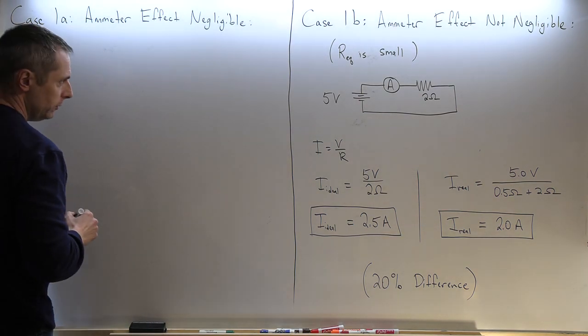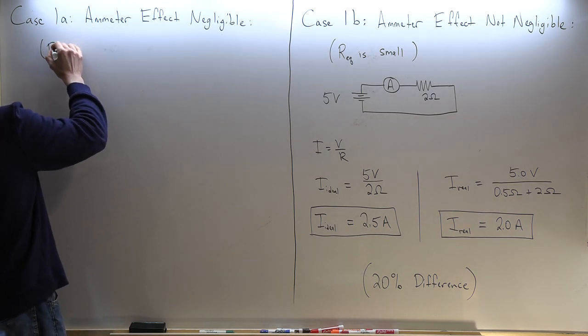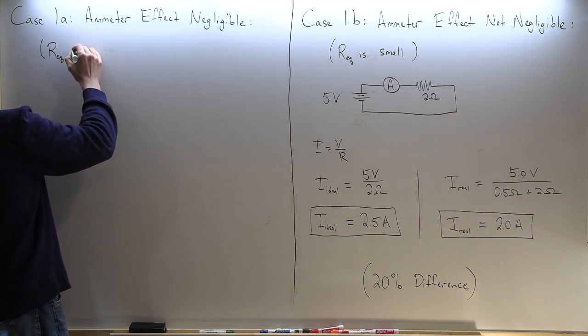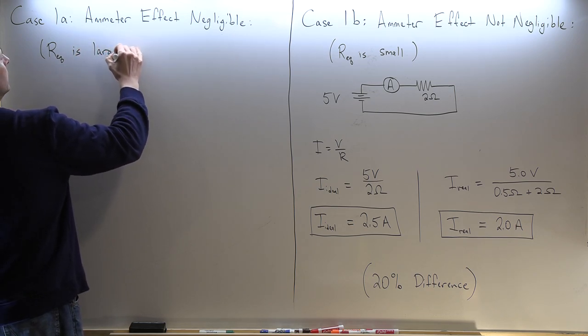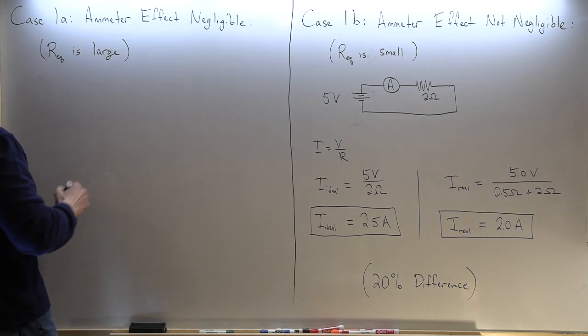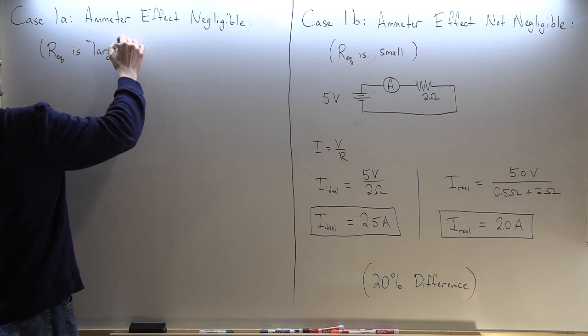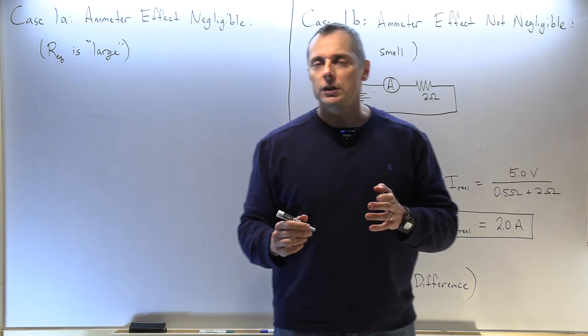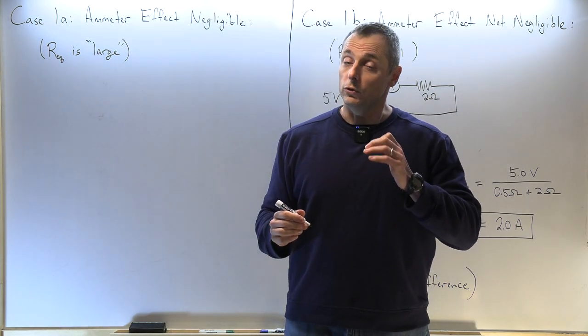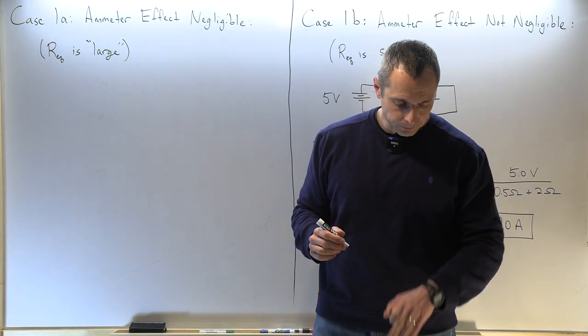The reason why that would be the case is that the equivalent resistance of the circuit is large. And what do I mean by large? Well, it means that it's just going to be larger than the resistance of the ammeter itself.